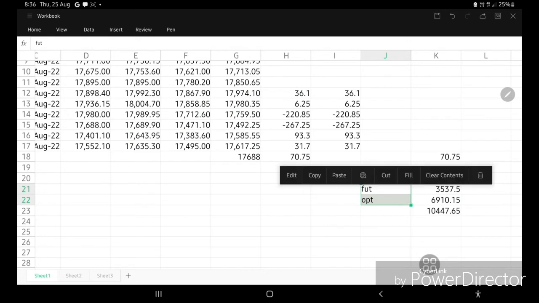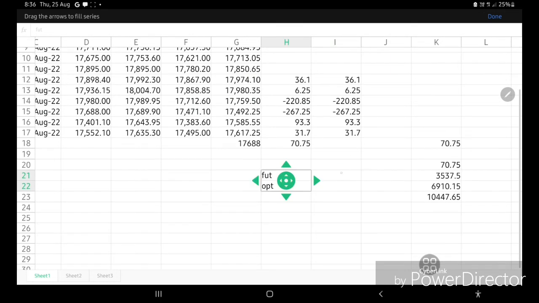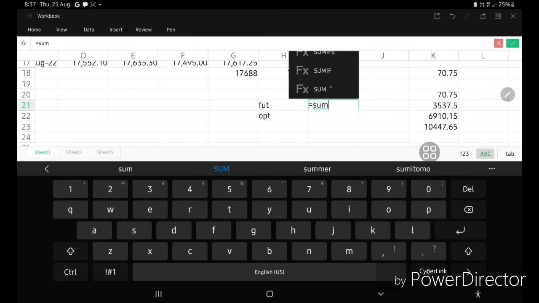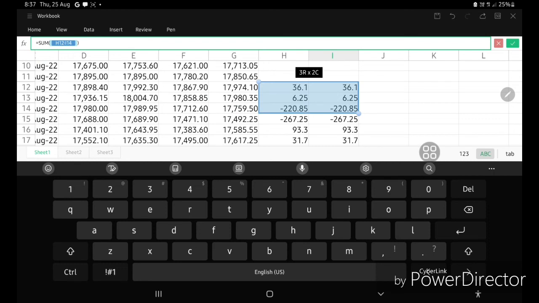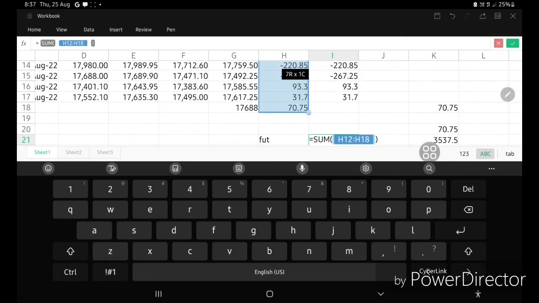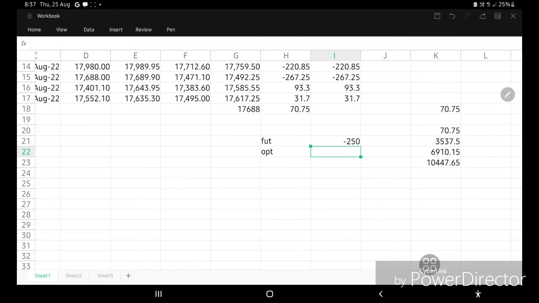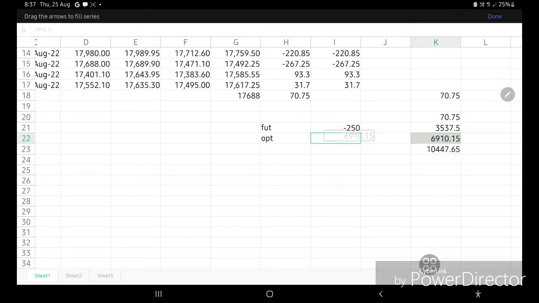Let's move this, click and hold. Okay, is equal to sum, click and drag, enter. And from the options I made this profit, 6,000.